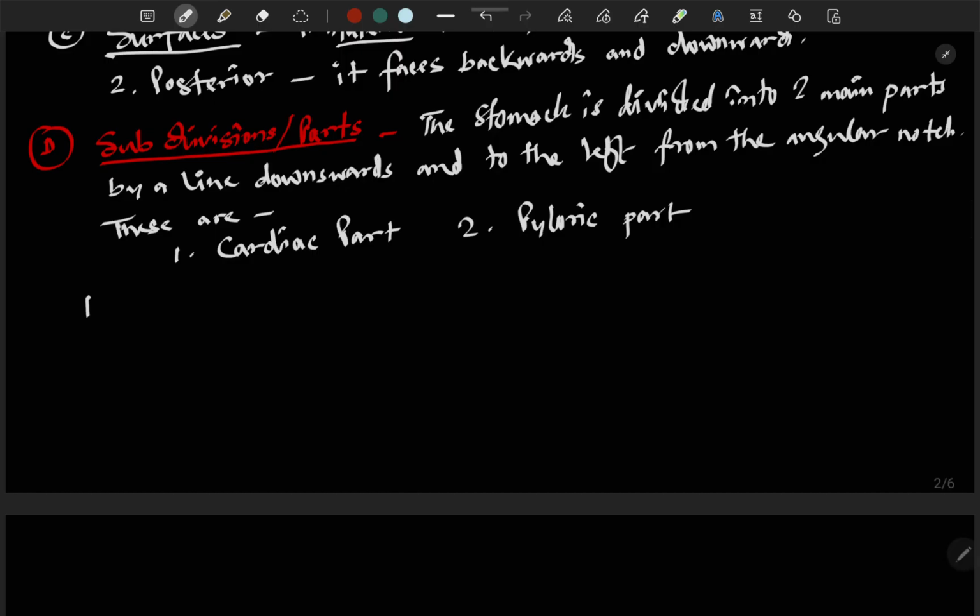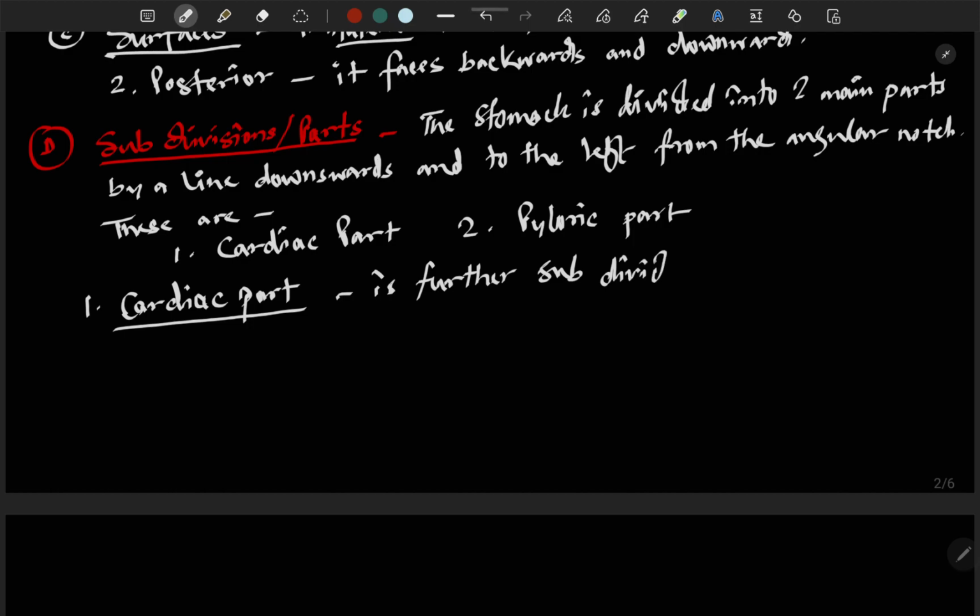Now the cardiac part is further subdivided into fundus and number two is body.